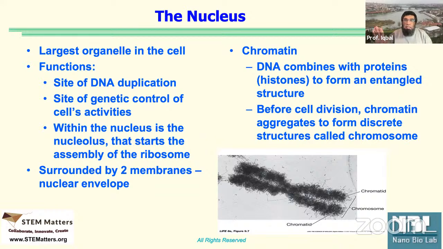So a chromosome is nothing but the same DNA, but now the cell is ready to divide. DNA will combine with some proteins to form this entangled structure, and chromatin will aggregate into this structure called a chromosome.